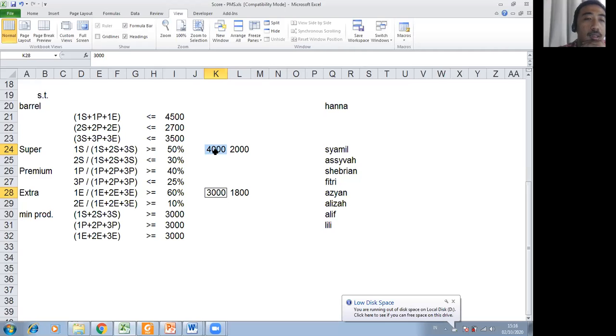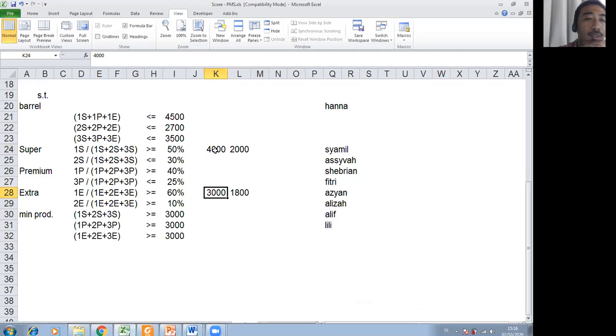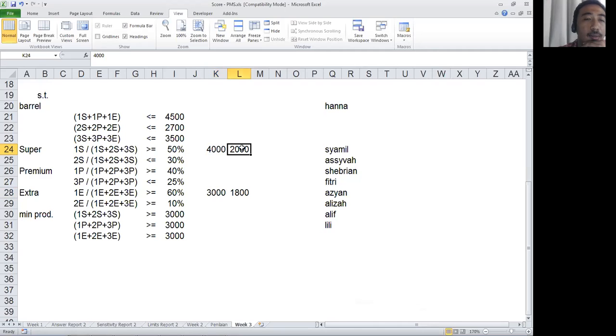I just put a random number here to make an illustration. 50% of this 4,000 is 2,000, right? And 60% of 3,000 is 1,800. So it is not a problem, right? So the total component one needed is this number. You have 4,500. So there will be no problem.